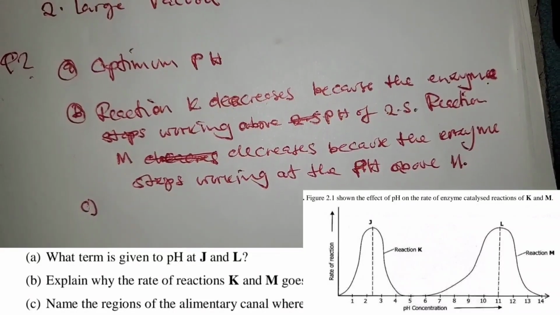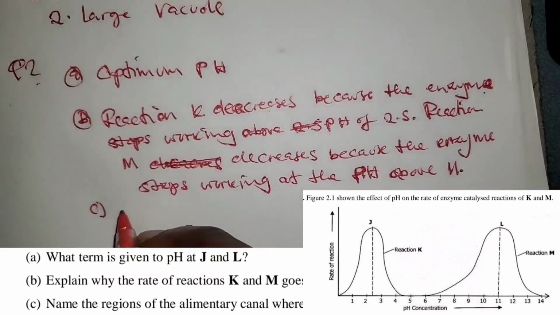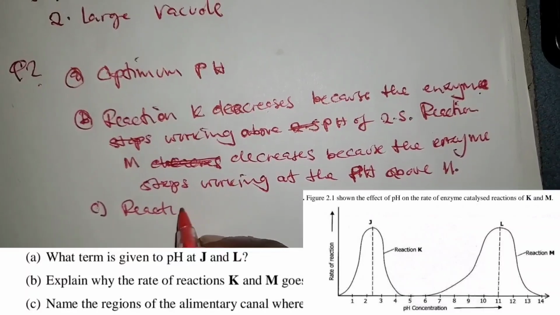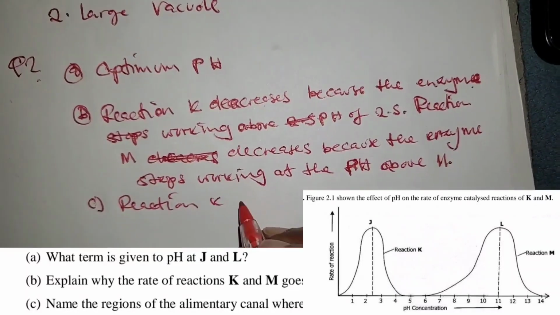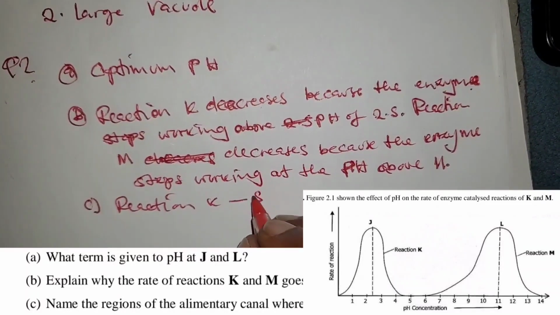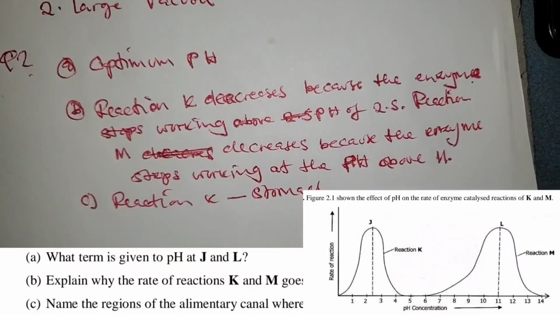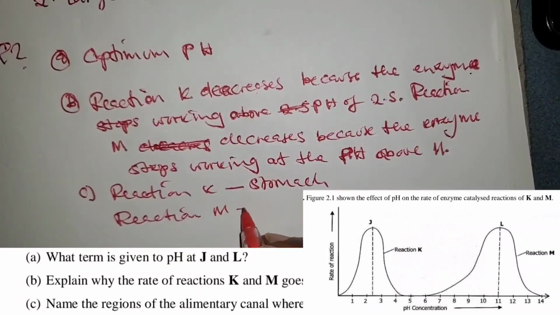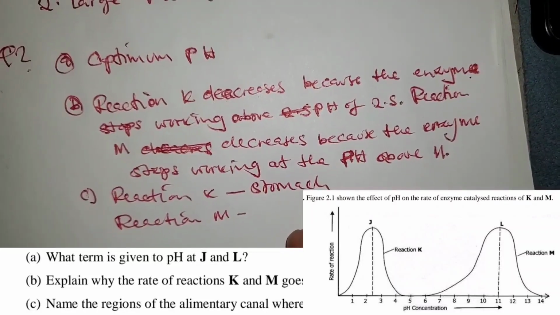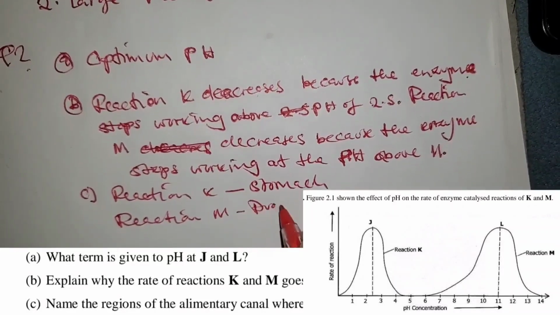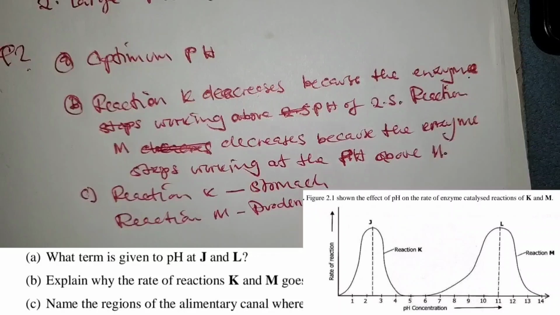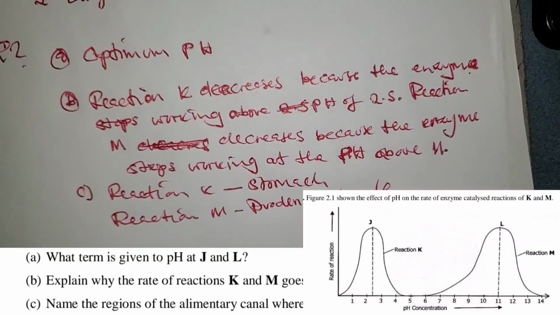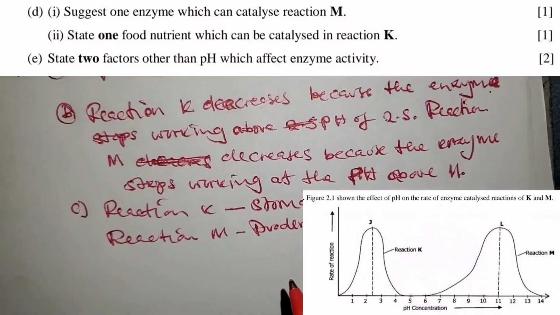So reaction K in the alimentary canal would be in the stomach because that's where it's acidic. Then reaction M you can say in the mouth or duodenum. Okay, duodenum or in the mouth. So you can just write one of these.